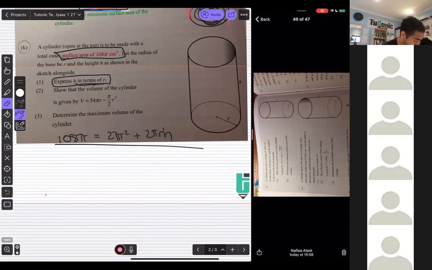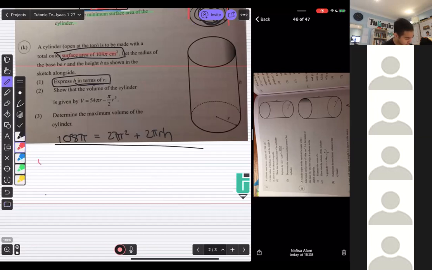What can we do? I think we'll take the 2 pi r squared over. Right.